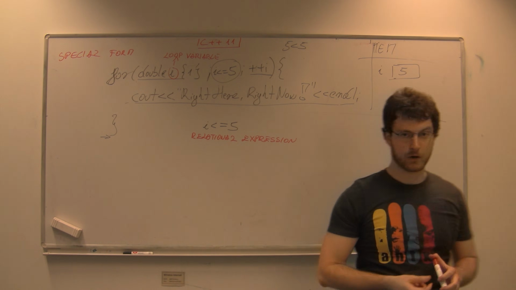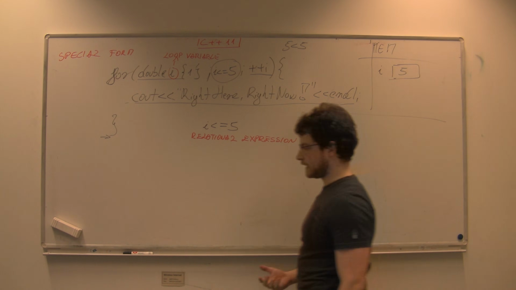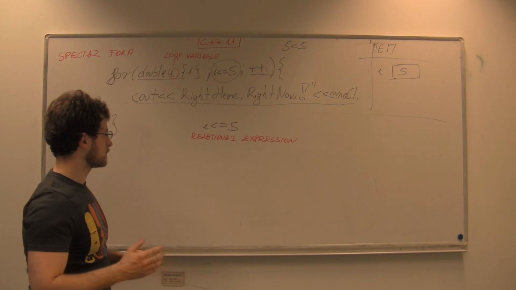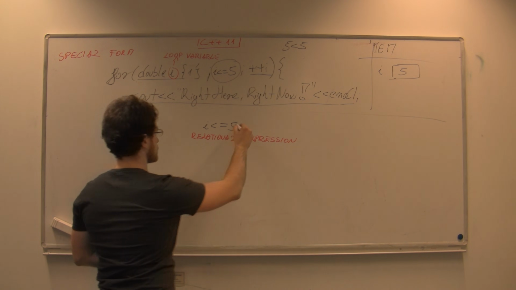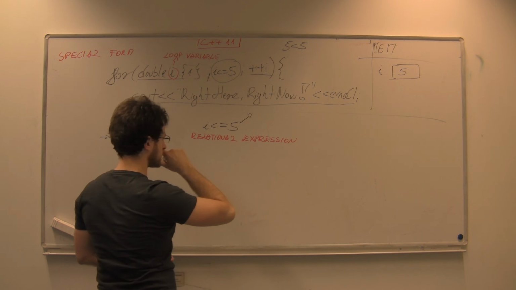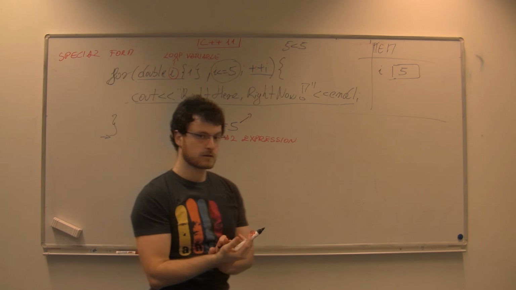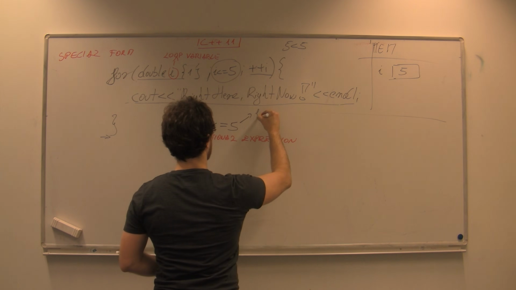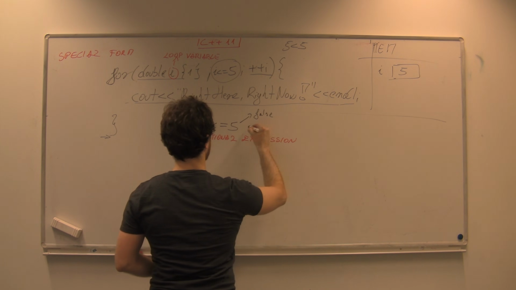The interesting thing about these expressions is that they evaluate to only 2 values. So the only possible results of this expression is either falsehood or truth. It could either be false or true.